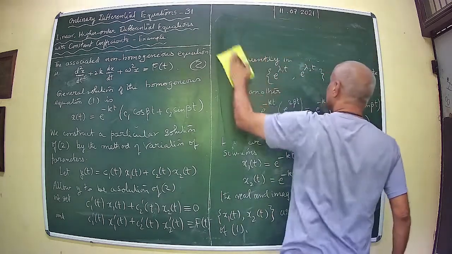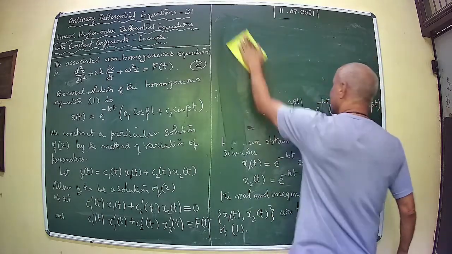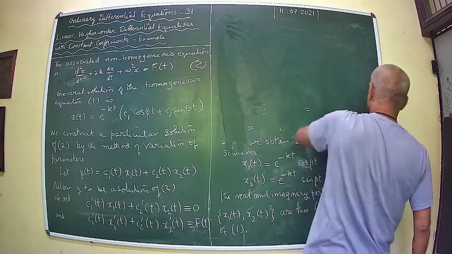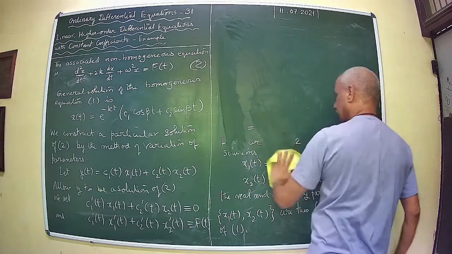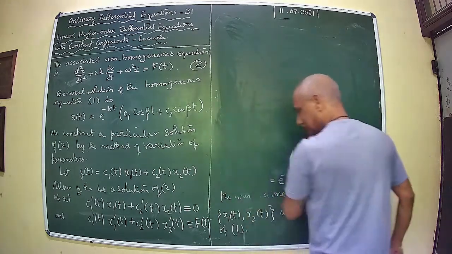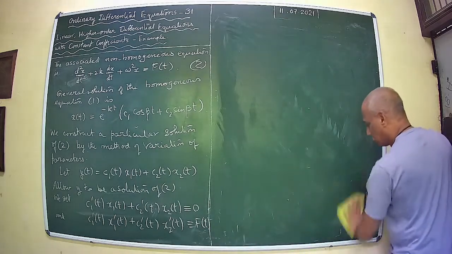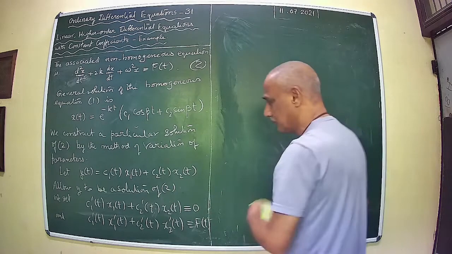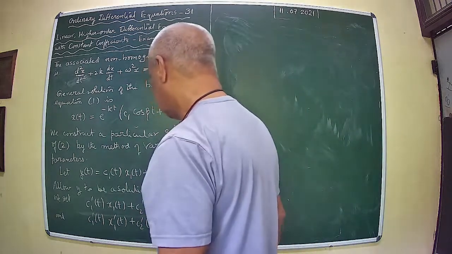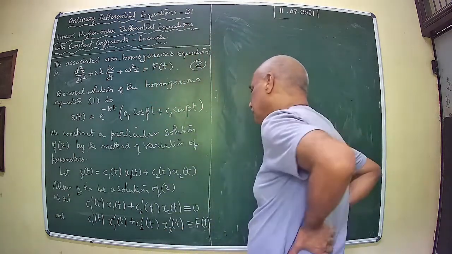Rather, you obtain those two equations by demanding that y is a solution of the non-homogeneous equation. Okay, right. Now solving, we can determine c1 prime and c2 prime.